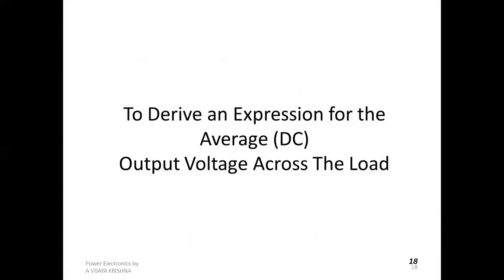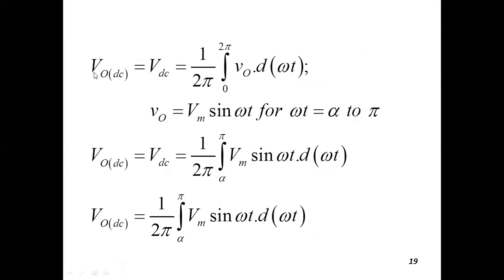Can we go for a derivation of the average output voltage? We know that the average output voltage is 2 Vm by pi in one case. Now, how do we derive the expression for the average output voltage across the load? V naught, the DC average voltage, is equal to 1 by 2 pi, considered over the full cycle 0 to 2 pi, integral of V naught d omega t.